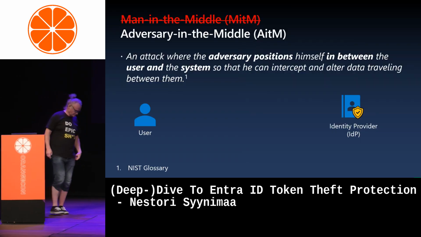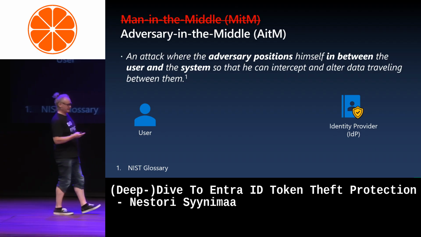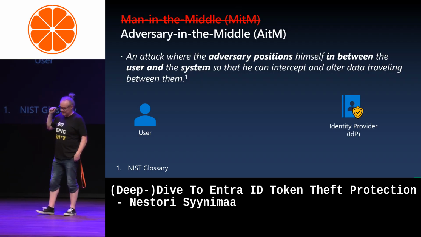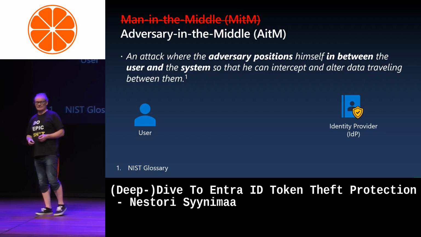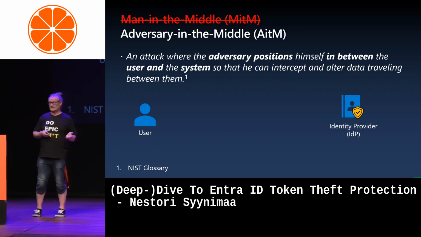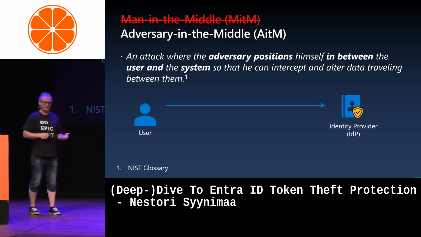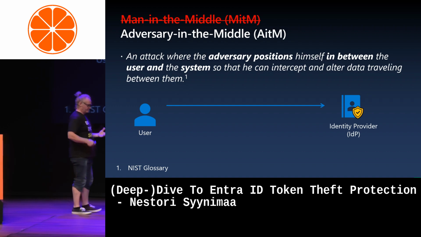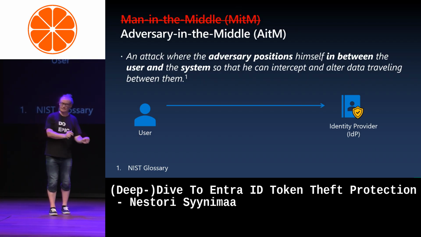So, token theft attacks. There are basically two flavors that I'm aware of. The first one is what Yannick already showed us earlier, and that is the adversary-in-the-middle attack. We sometimes also call this network-based attacks. Usually a user goes to Entra ID and logs in, but threat actors can do phishing. They send you a link that looks like our URL, but it's not.